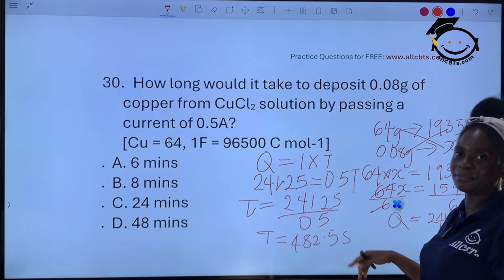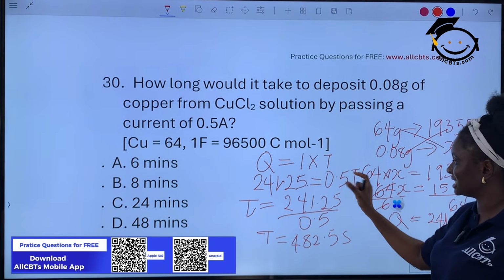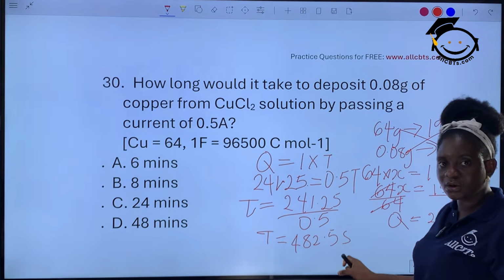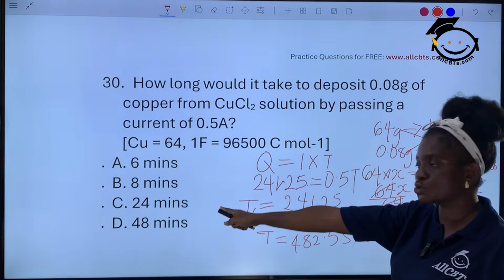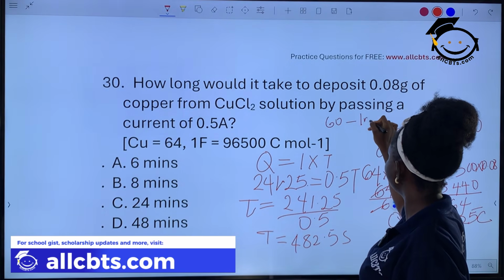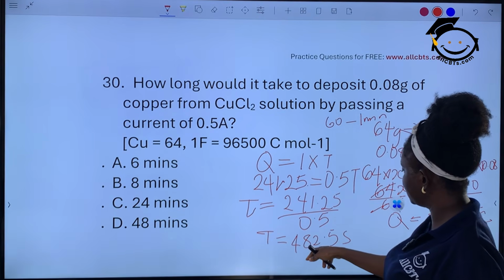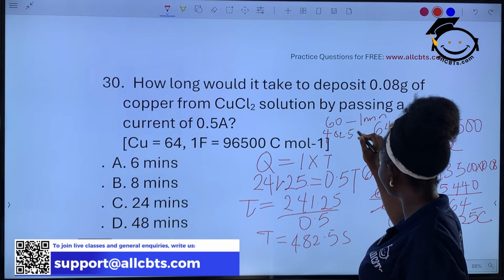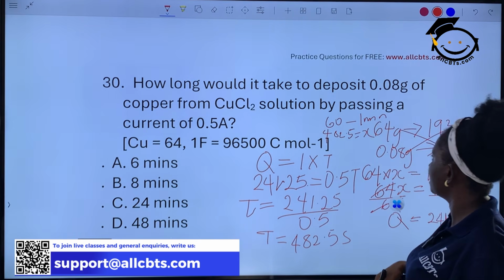We are not stopping here, because I said earlier that this equation will give our time in seconds, but we have to convert to minutes. So 60 seconds equals 1 minute. This 482.5 seconds, we give how many minutes?